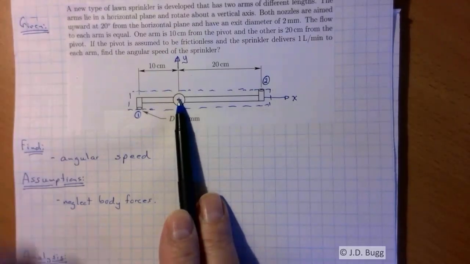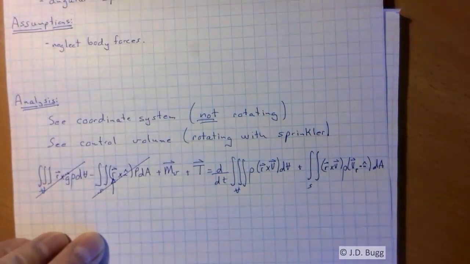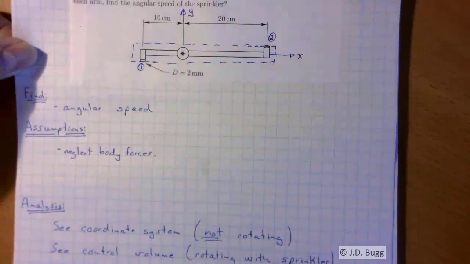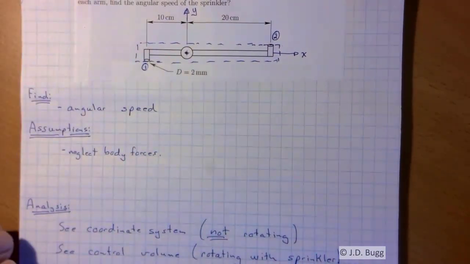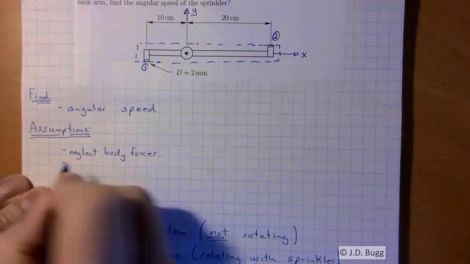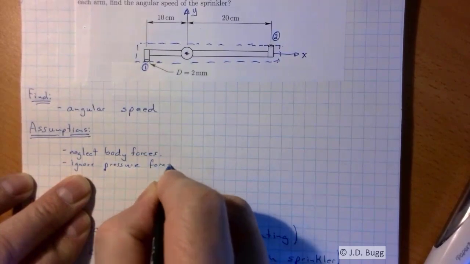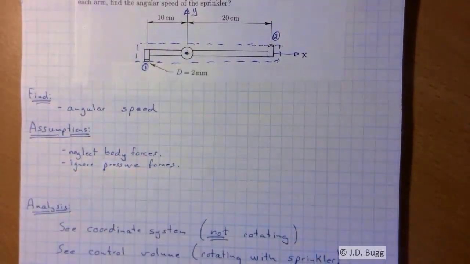So it turns out that even though there's that one spot where the pressure is above atmospheric, it doesn't produce any moment around the origin because that's where we place the origin. So as a result of those two things, this term can be ignored. So we'll put a note in our assumption list that we're ignoring pressure forces on our control surface. So ignore pressure forces.